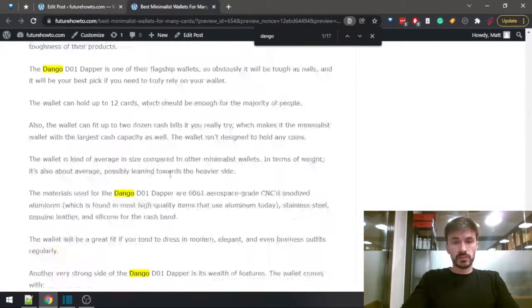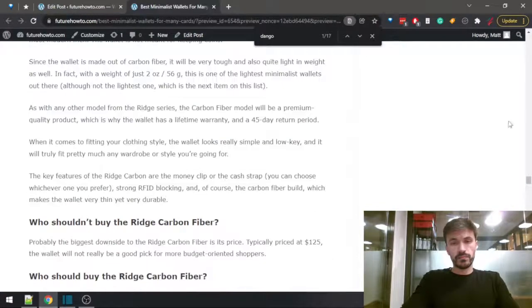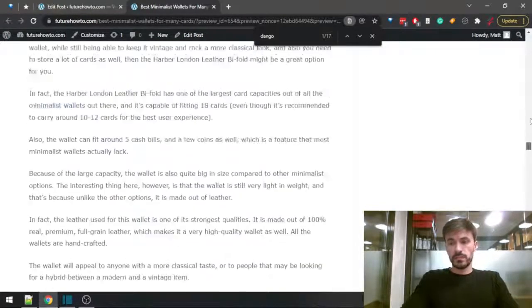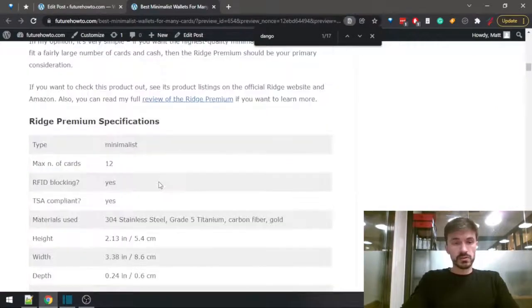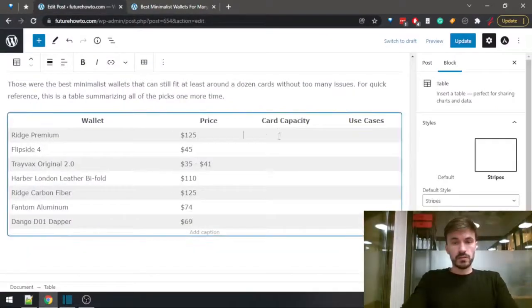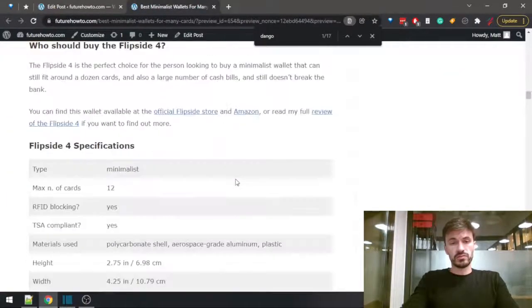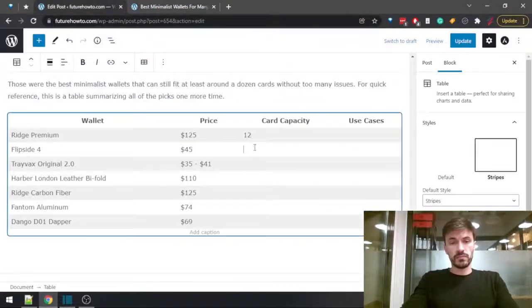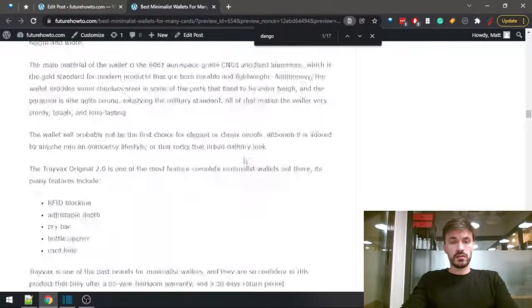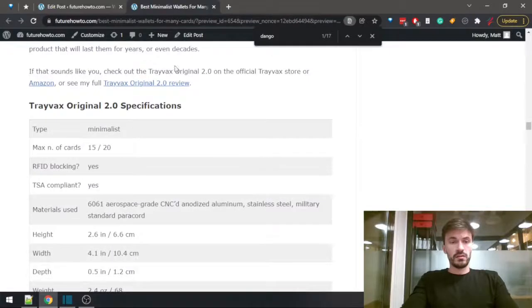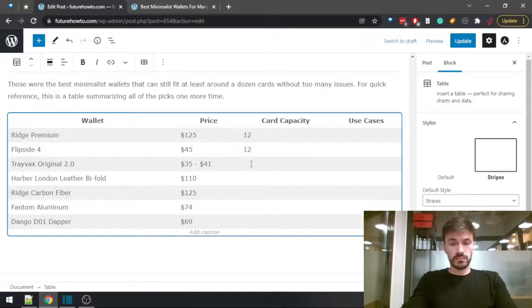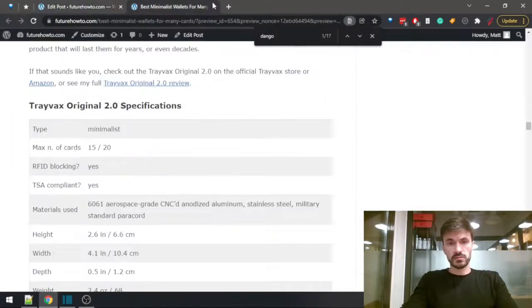Now card capacity. Yeah, let's go one by one. So 12, 12, 15 to 20. Yeah, looks nicer that way.